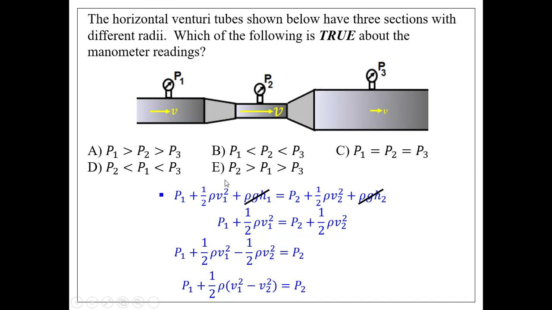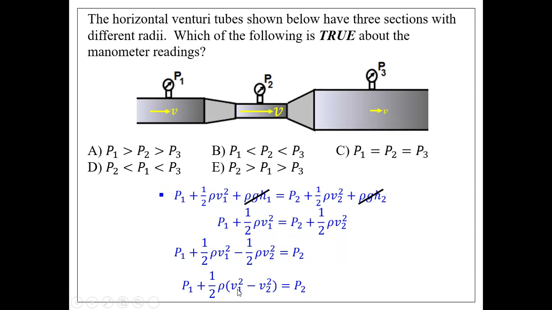So for example, if you're keeping up with just the conceptual math here, if I start from the first left segment to the middle segment where it narrows down, well, V1 here is small. A small number squared minus a bigger number, because as it enters the narrow segment, the V speeds up.